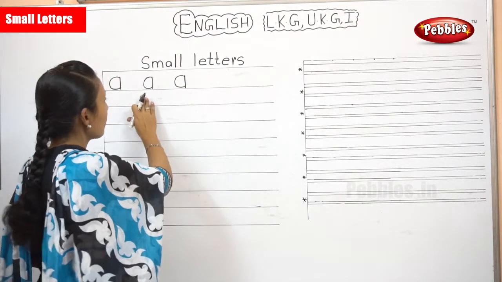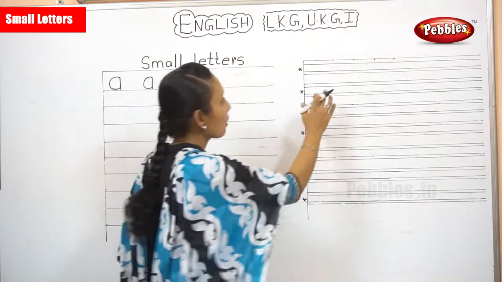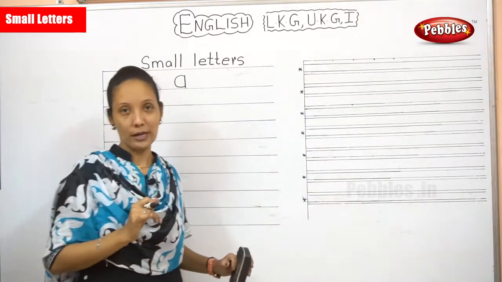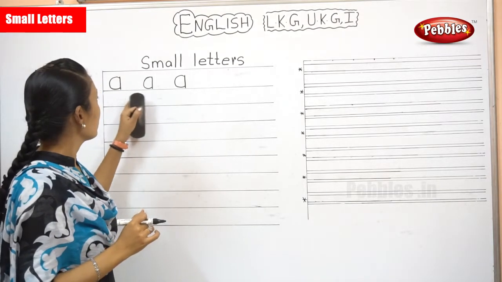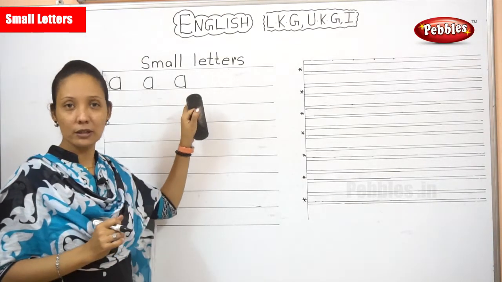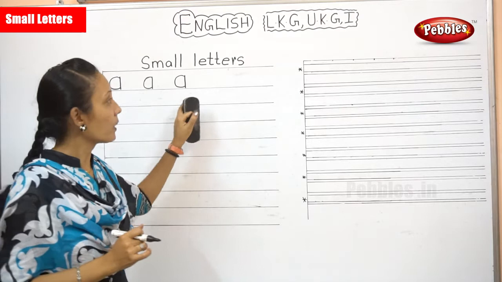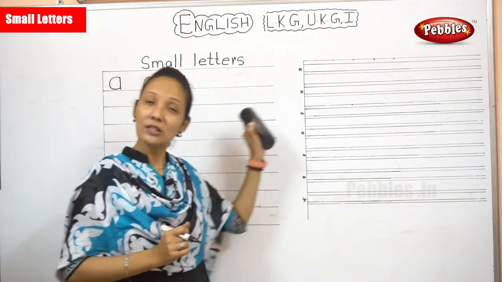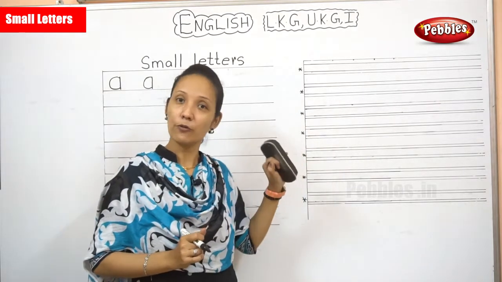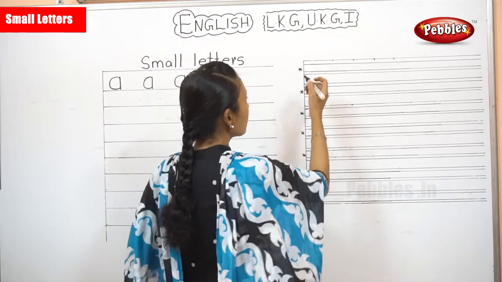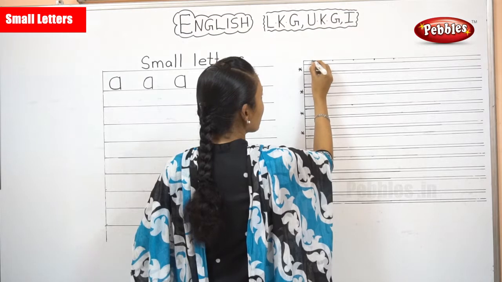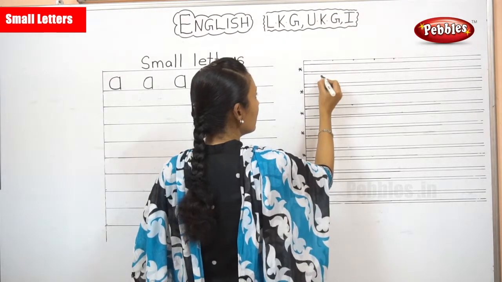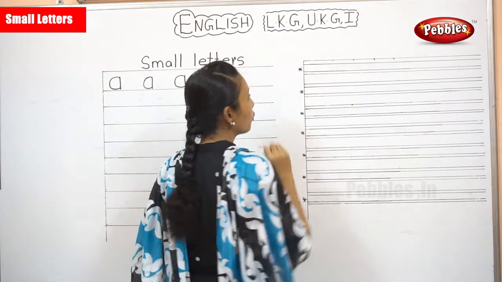Now, this small a, I will teach you how to write it on the four line. Shall we see how to write the small a in your four lines, children? As I told you, this is your first line, your second line, your third line and your fourth line.